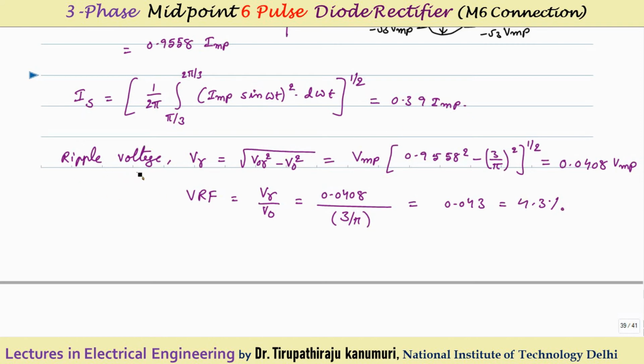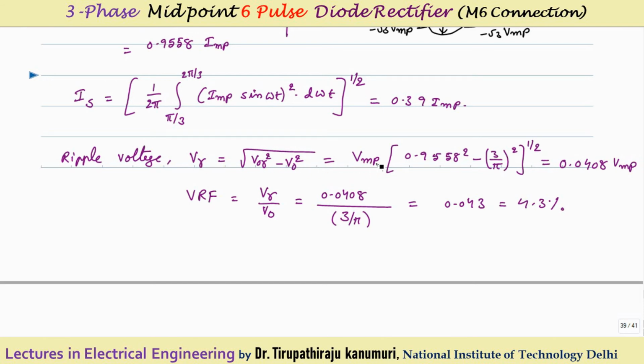Now coming to the ripple voltage. Ripple voltage is the square root of the RMS value of the voltage squared minus the average voltage squared, because ideally I want my output voltage to be pure DC, but practically it is not DC. How much other than DC components are available can be calculated using this formula, RMS value squared minus the DC component squared. That gives the remaining unwanted harmonic component, which is represented by ripple voltage or VR.